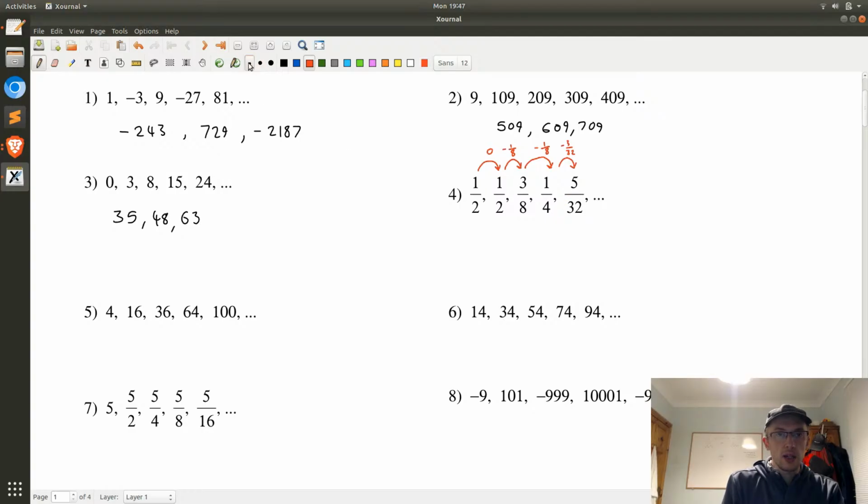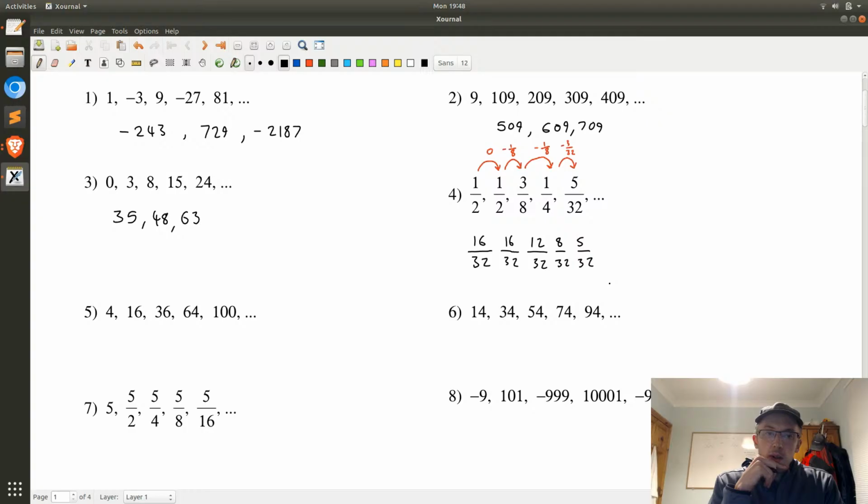I'll make everything have a common denominator of 32. How about that? And see if I notice something. Okay, so it would go 16, 16, 12, 8, and 5.